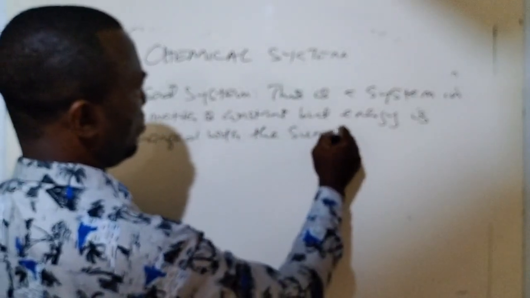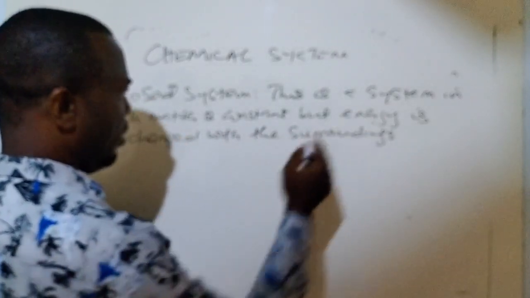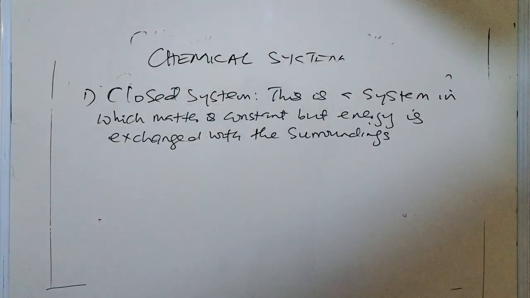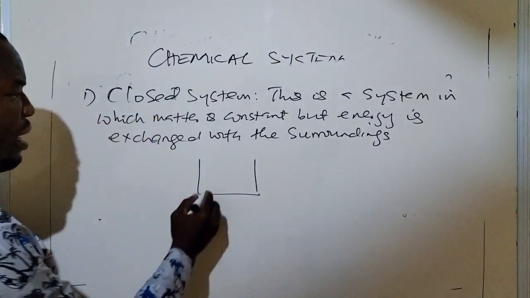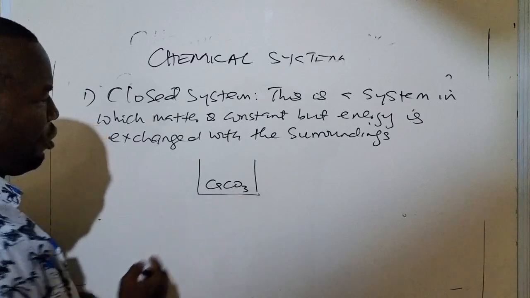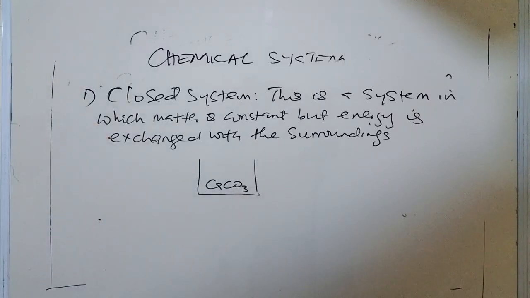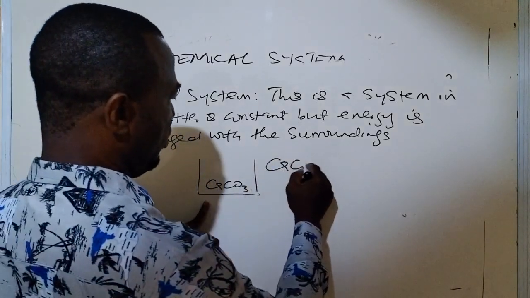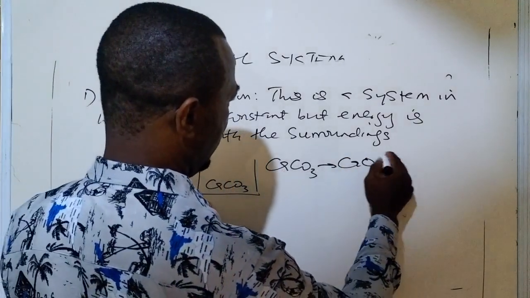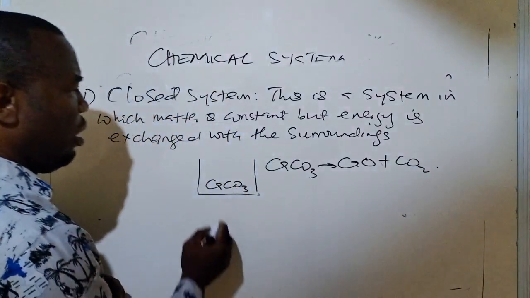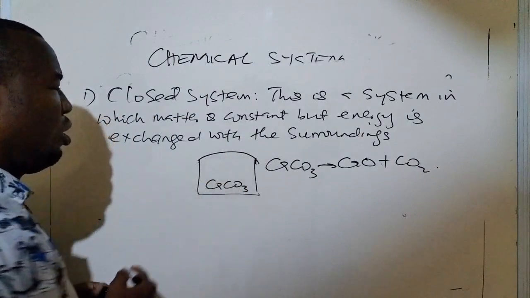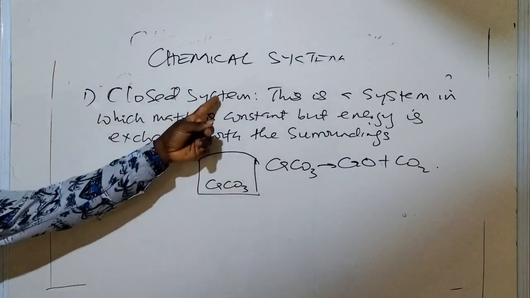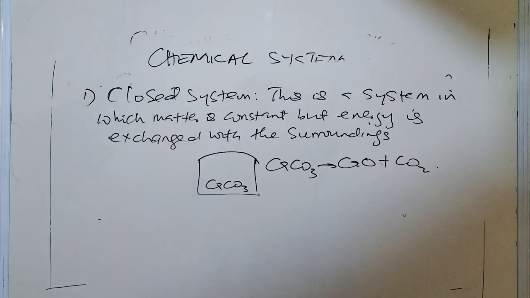That's a closed system. For instance, let's assume that I have a container where I'm heating calcium carbonate. It has a crucible. And you know that when you heat this substance, it breaks down to calcium oxide and CO2. If I seal this container very well so that no substance leaks to the outside and nothing comes in, matter remains constant.